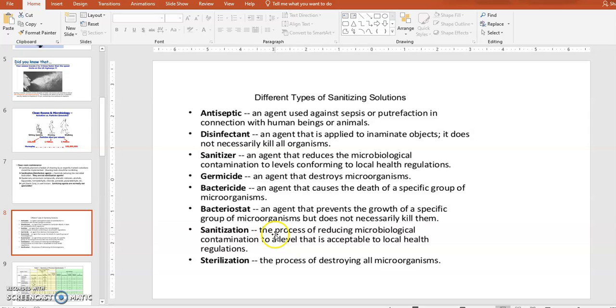Sanitization is a process of reducing microorganisms by applying sanitizers, right? Sterilization is the one single word that has a different meaning compared to the other words listed here. Sterilization is a process of destroying all organisms, meaning eliminating, removing all organisms. So that's the unique word here. Okay.